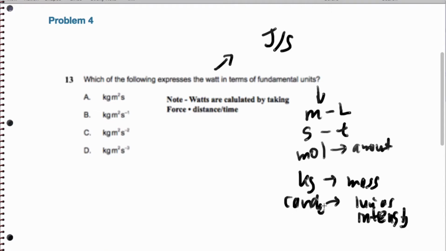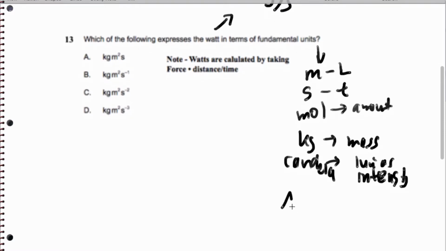The candela. We have amperes for current, and we have Kelvin for temperature. Okay, so 1, 2, 3, 4, 5, 6, 7 fundamental units.